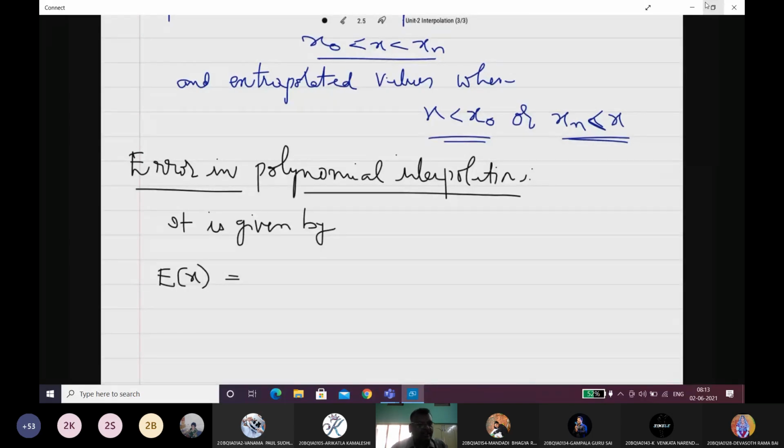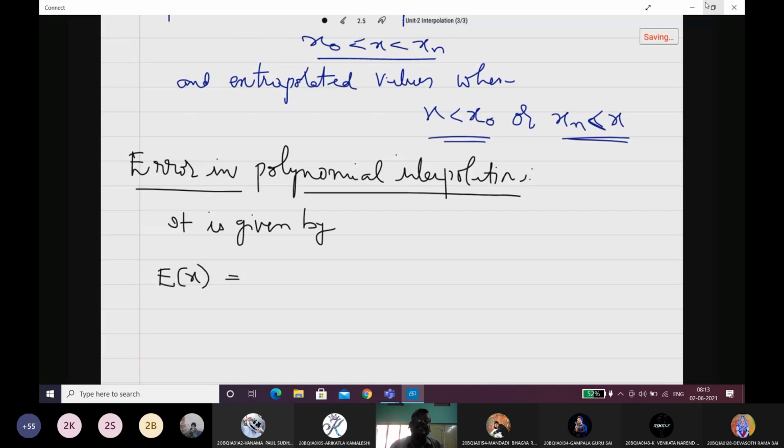One is the approximate value and the other is the exact value. The difference between the exact value and approximate value is called error. That is the simple definition. When you need to find the absolute error, it is the modulus of actual value minus approximate value. That is called absolute error.